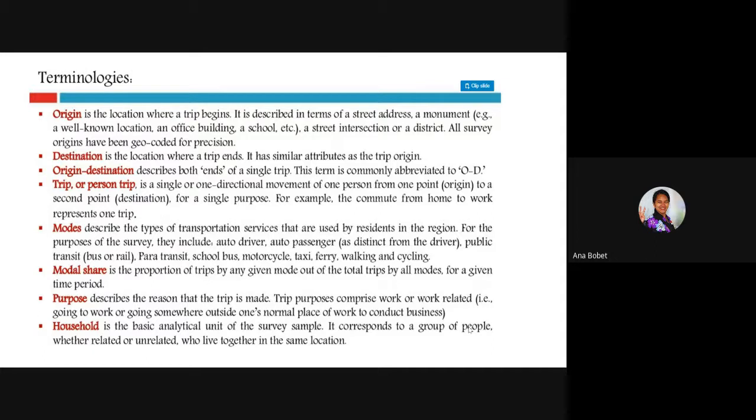But a mother is different. Possibly the mother takes the kids to the daycare center, and then goes to her office. After work, in the afternoon, she fetches the kids from the daycare center, and then goes home. So it's like 1, 2, 3, 4 trips for the mother. That's a person trip, which varies with respect to the person.